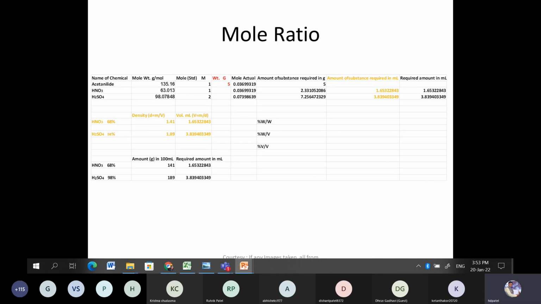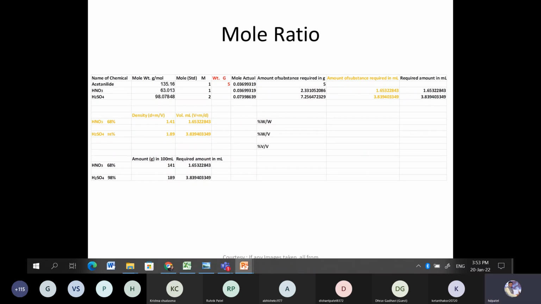Now, the mole ratio I have already explained in the previous presentation, in which I explained it with nitrobenzene. There the molecular weight of nitrobenzene was 123. Here we are going to start with acetanilide, whose molecular mass is 135.16 gram.